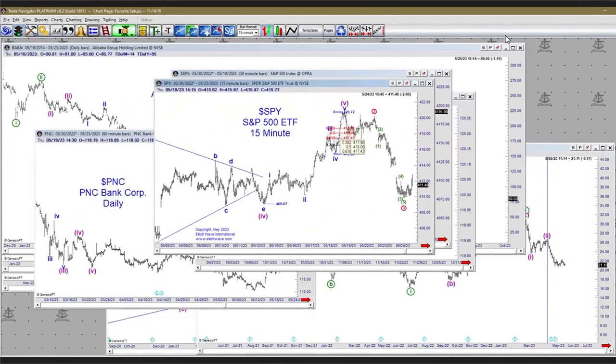So that told me that probably that was already 5 waves up complete. So that's where I basically would have exited this. If I was a buyer down here somewhere, I would have exited around 417.42.